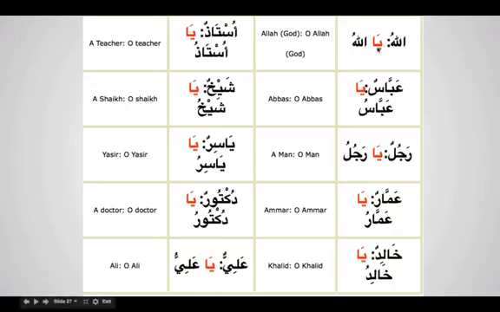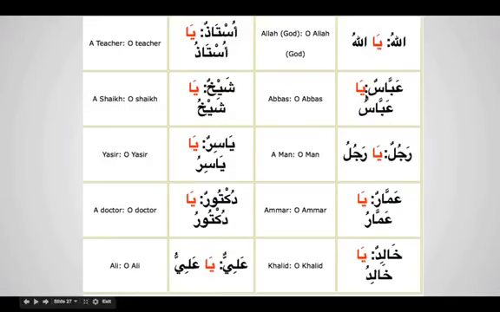Like Allahu is a definite word. So if we say ya Allahu. But ustazun is an indefinite word, double dhamma. But when you use ya, when you're calling somebody, you say ya ustazu. Abbasun is definite but with double dhamma. And what we'll have is ya Abbasu.